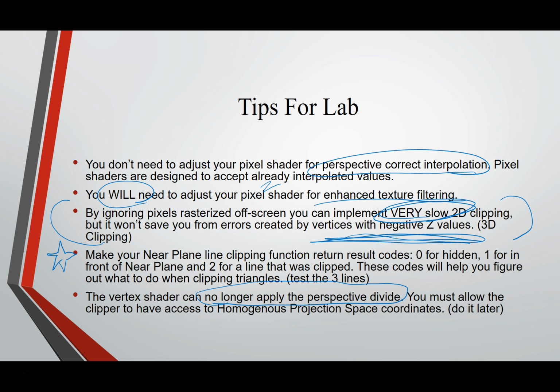It's not here, or I'm not supposed to do it here for some reason. Why is that? That's because the hardware is going to do clipping. And if the hardware is going to do clipping, just like you're going to do clipping, you need to do it, at least on the Z, in homogeneous projection space. That means pre-perspective divide. So keep that in mind. Does that mean you don't do it anymore? Of course not. Of course you're still going to do the perspective divide, but not until after you're done clipping along the near plane.